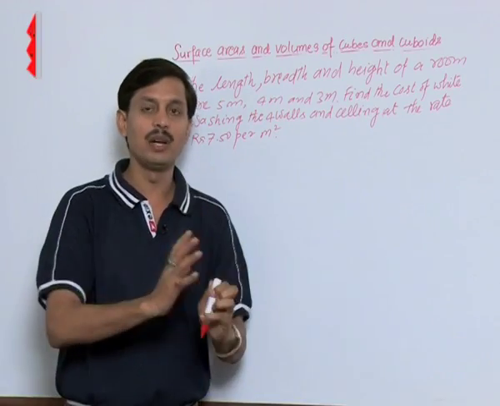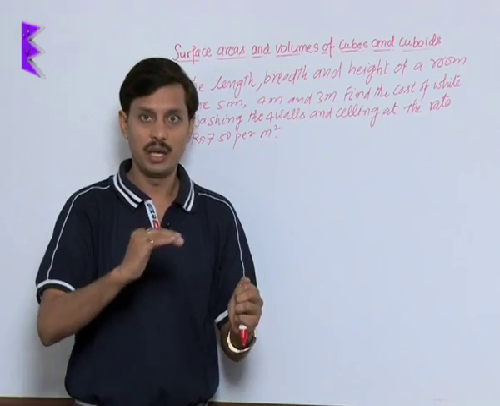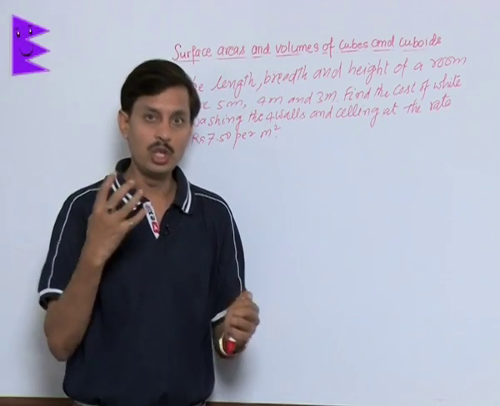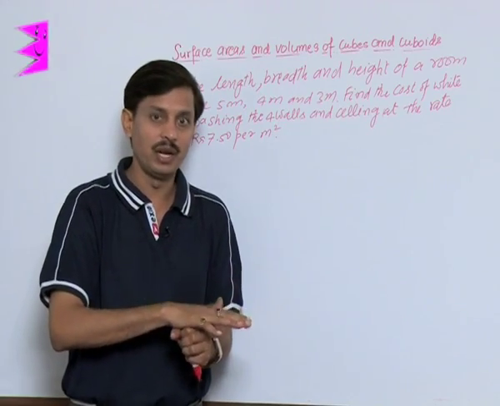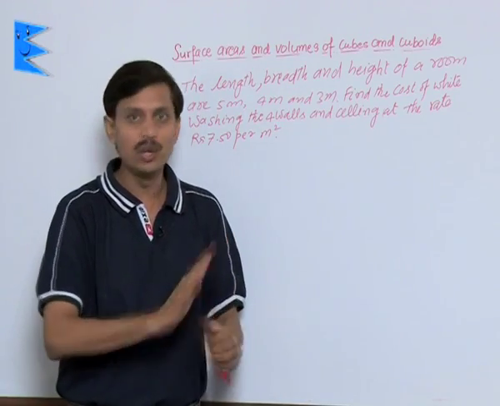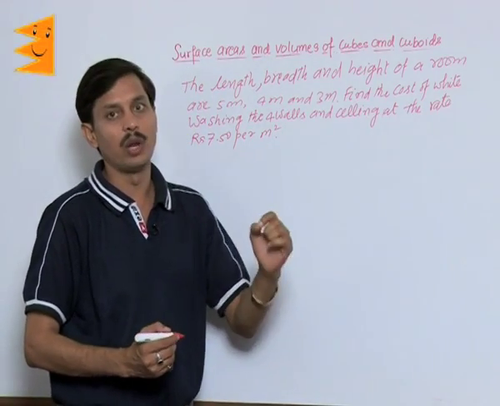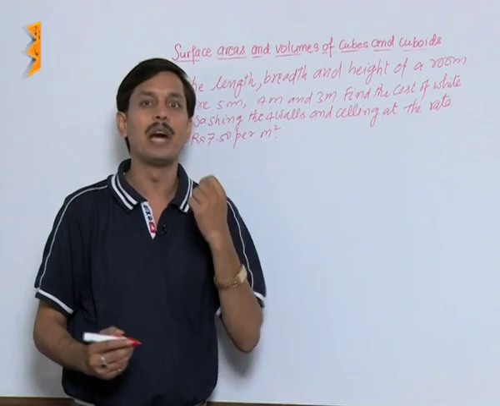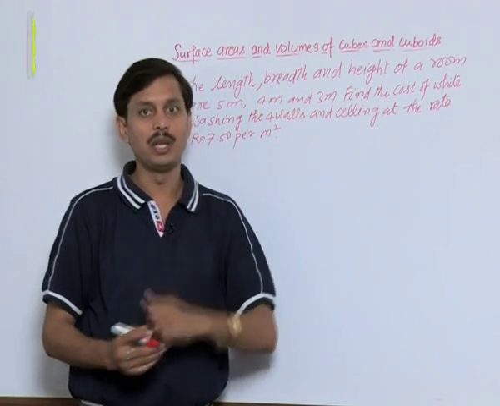First of all, we should know what area is to be painted. As clearly given in the question, all 4 walls including the ceiling, these 5 surfaces, are to be painted. The floor need not be painted. So first we will calculate the area of these 5 surfaces, that is area of 4 walls plus area of ceiling.